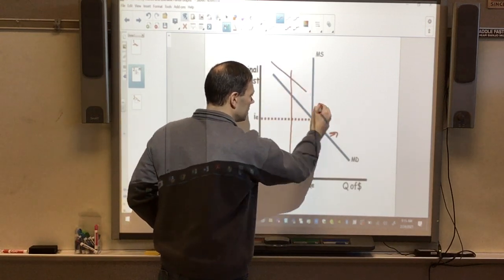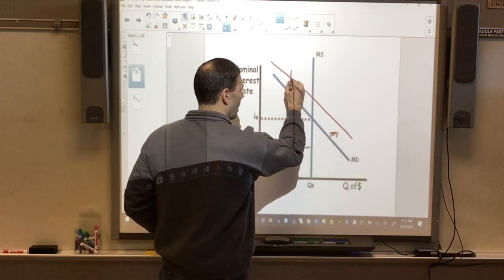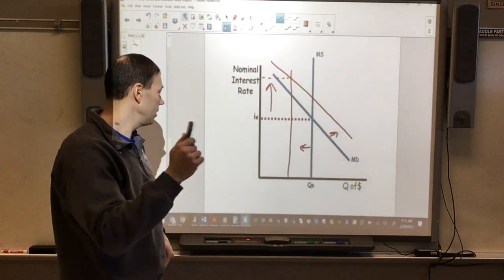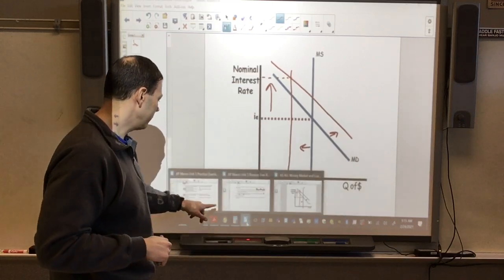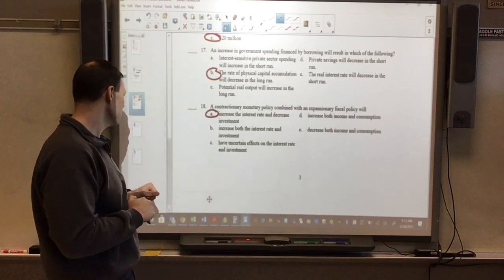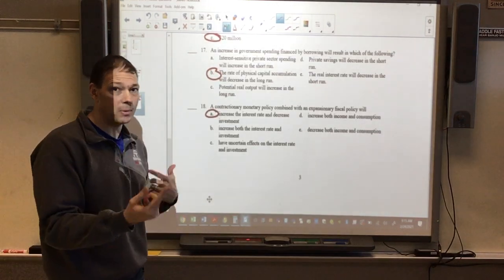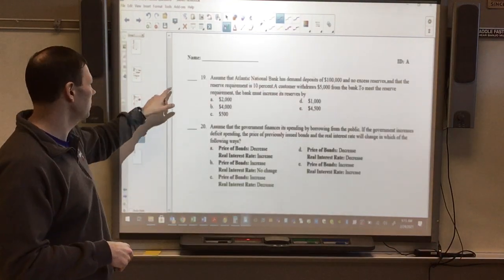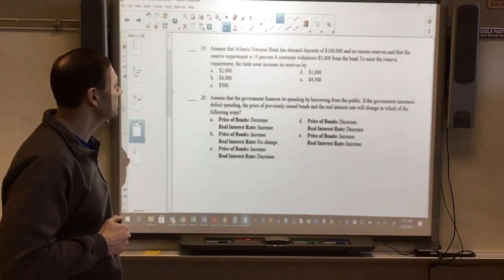Fiscal policy was expansionary, so money demand goes up. That definitely makes interest rates go up. Again, interest rates go up, we have less investment and less future growth. So, decrease in investment. You're seeing that theme come up a lot: interest rates and investment and growth. Make sure you know that. That's going to be important for the test.